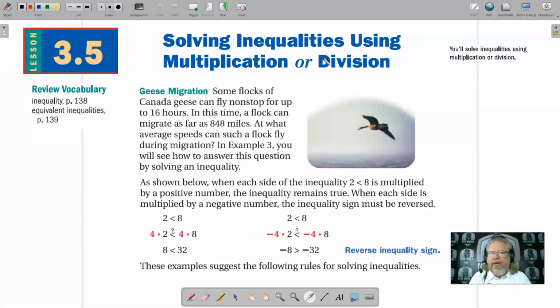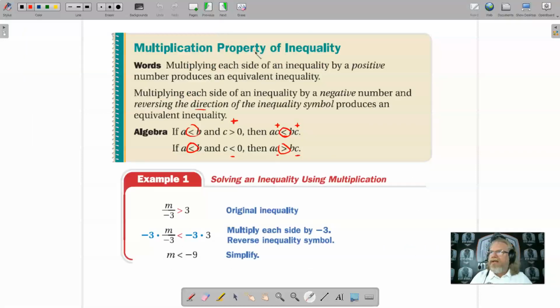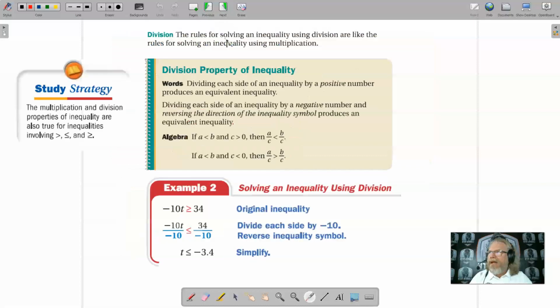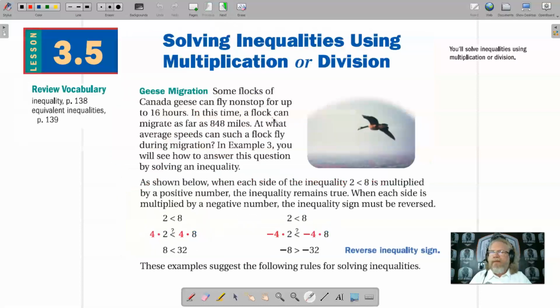Solving those is just like working with problems that have an equal sign. The only difference is that if you have to multiply or divide by a negative, then you're going to reverse the sign, which is what we found here in the multiplication property of inequality and in the division property of inequality. So just remember that if you multiply or divide by a negative number, be sure to change the sign.